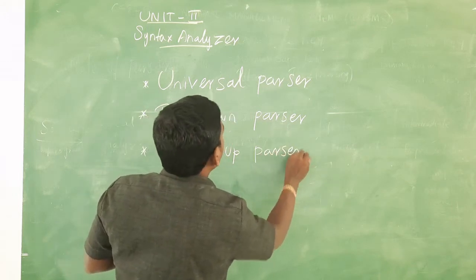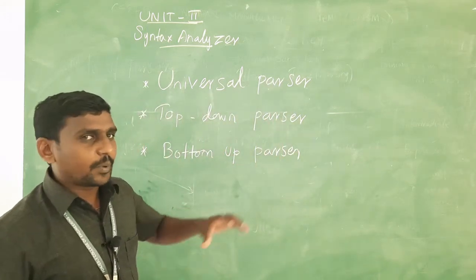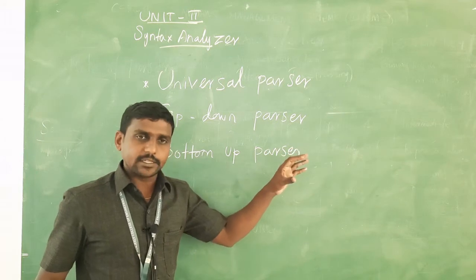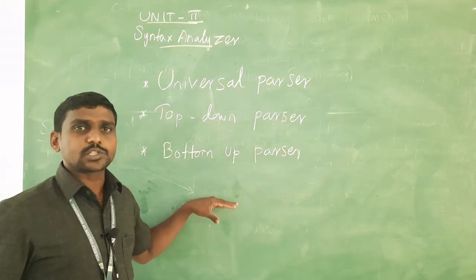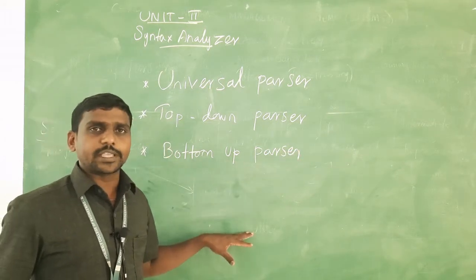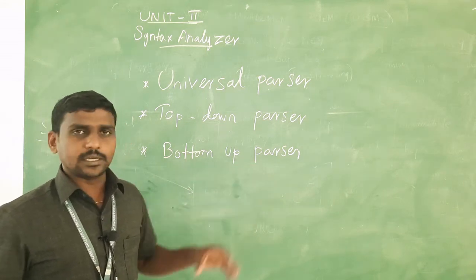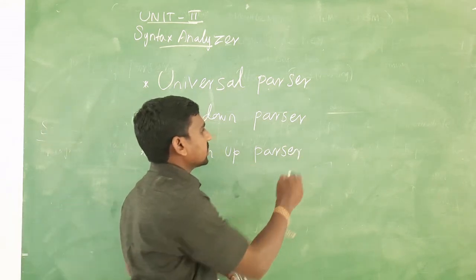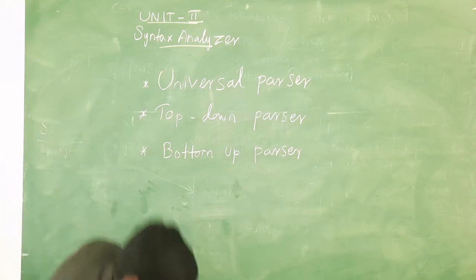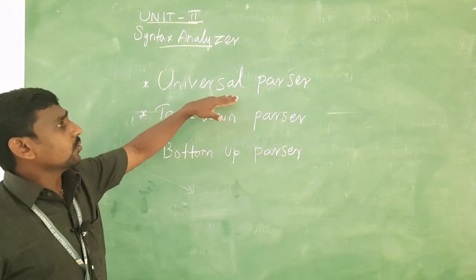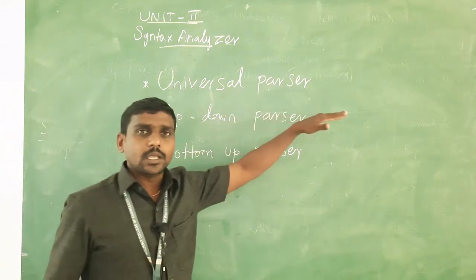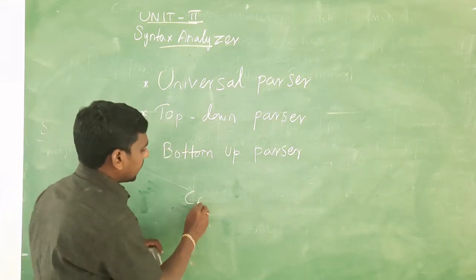Universal parser means we can parse all types of parsers. Top down parser we can parse, bottom up parser we can parse, whatever parser we have, all of them we can parse using the universal parser. For that we have an algorithm, the Cocke-Younger-Kasami algorithm.